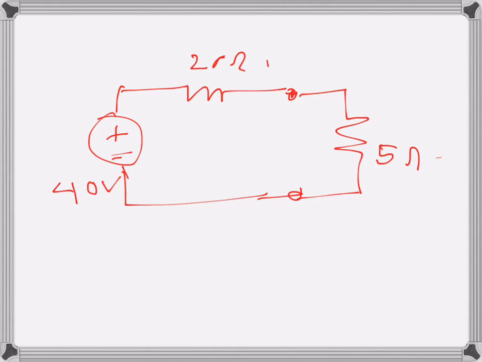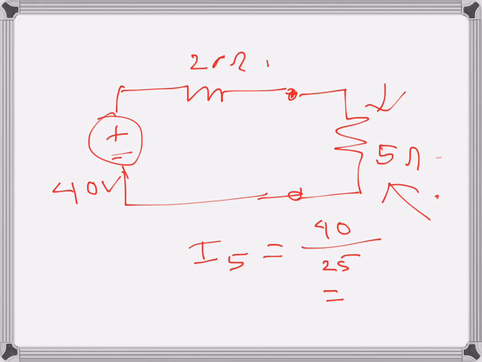So this is our circuit. Now we can find the current through 5 ohms here. Let's do that actually. The current will be I5, let's say. So that will be 40 divided by 25. So it's 1.6 amps. This is the current through the 5 ohms resistance using Thevenin's theorem.